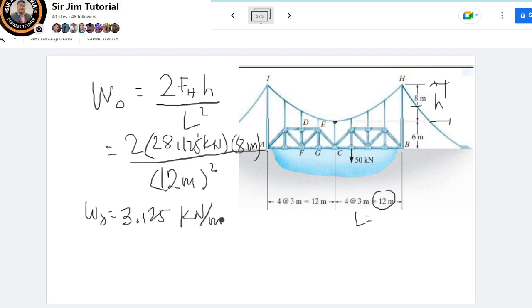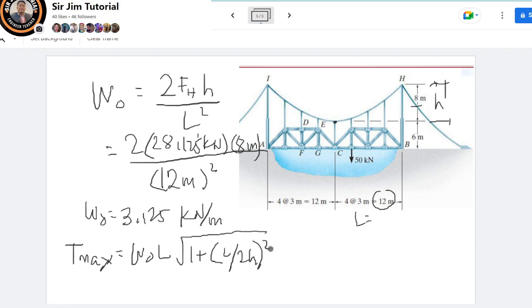Now we can compute Tmax because we have this formula. The maximum tension of the cable is equal to WO times L times the square root of 1 plus L over 2H, squared.